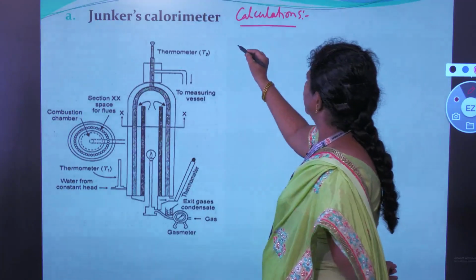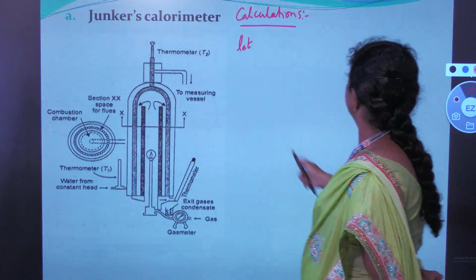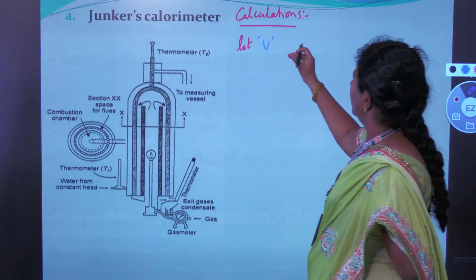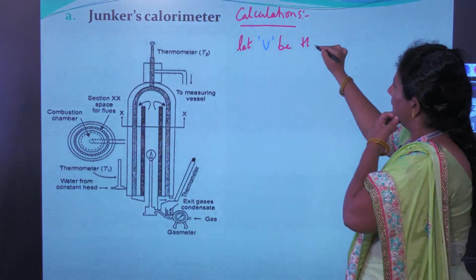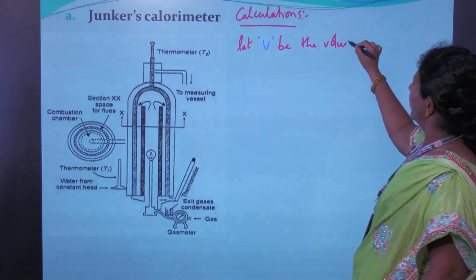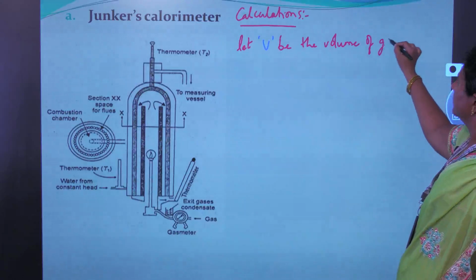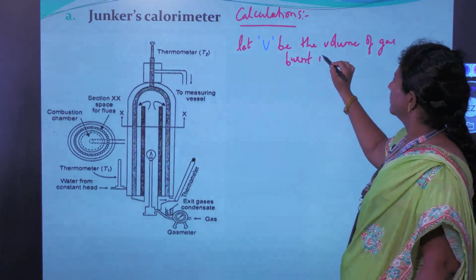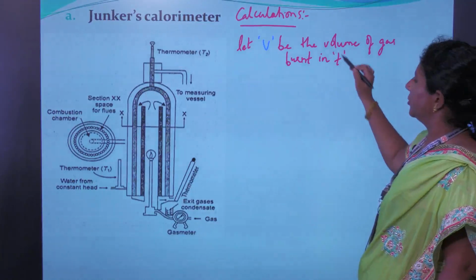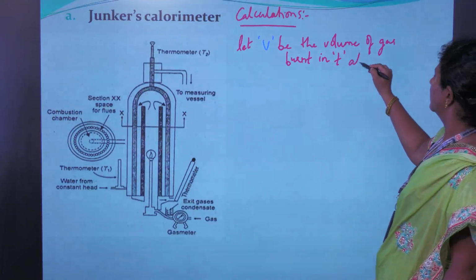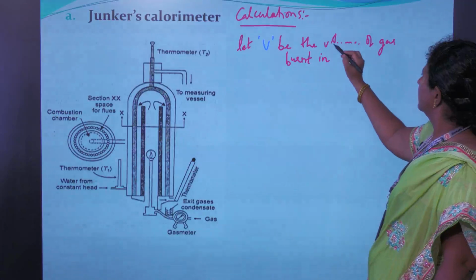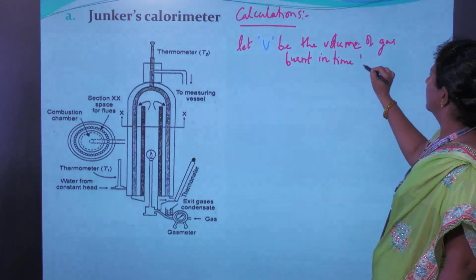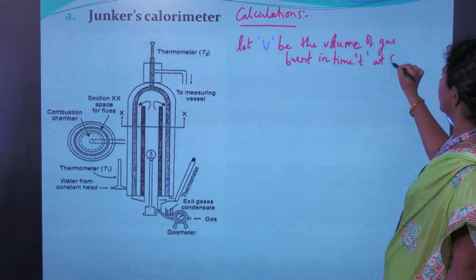Calculations. Let V be the volume of gas burnt in time t at STP.